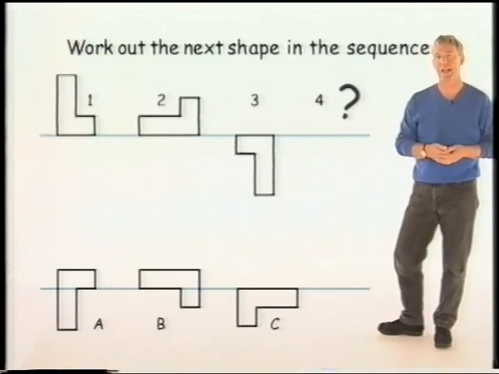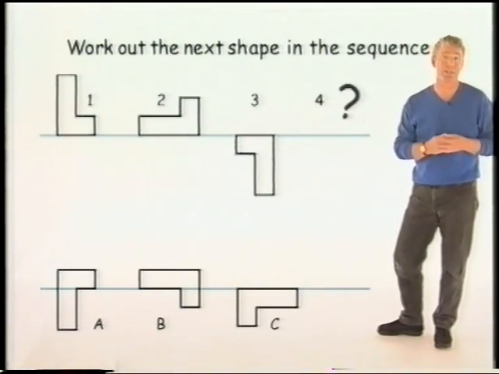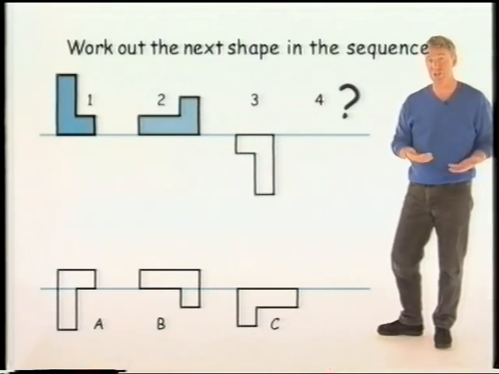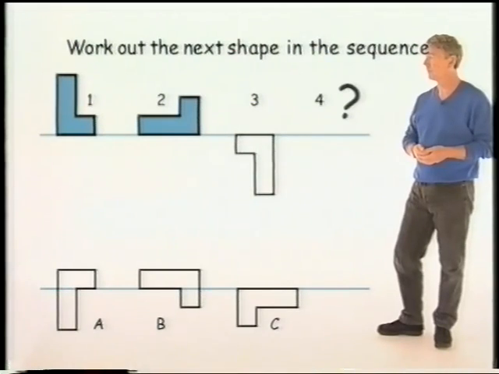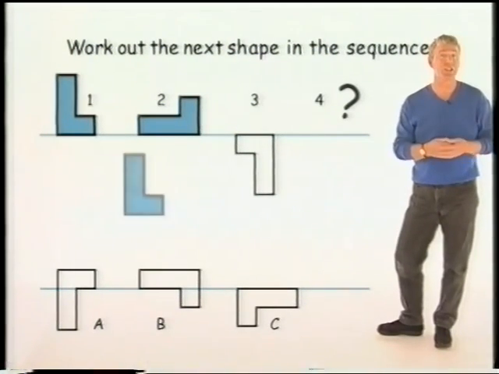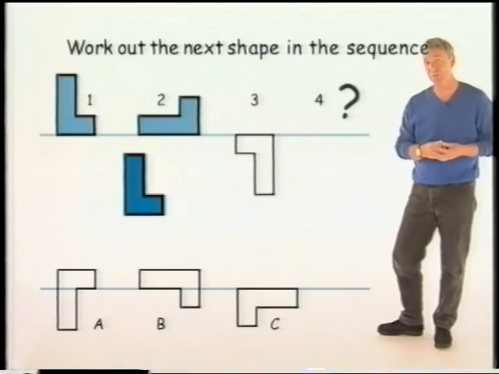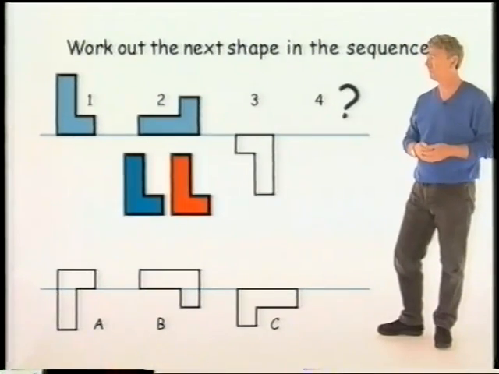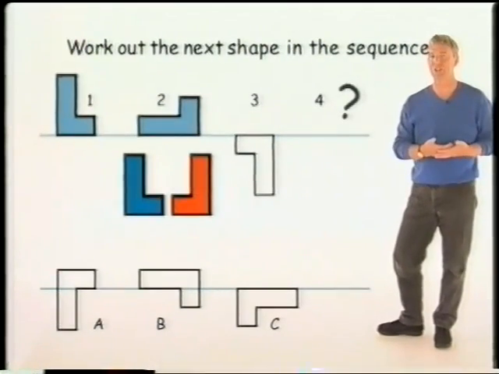First, let's work out what the shape has done to get from position 1 to position 2. Well, it's not a translation because shape 1 is at a different angle from shape 2. What about a reflection?